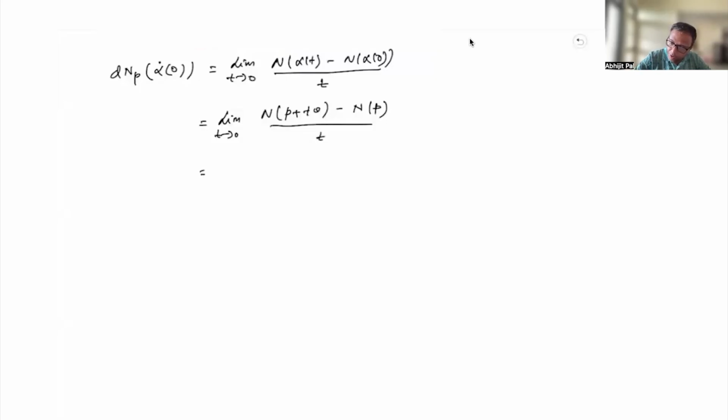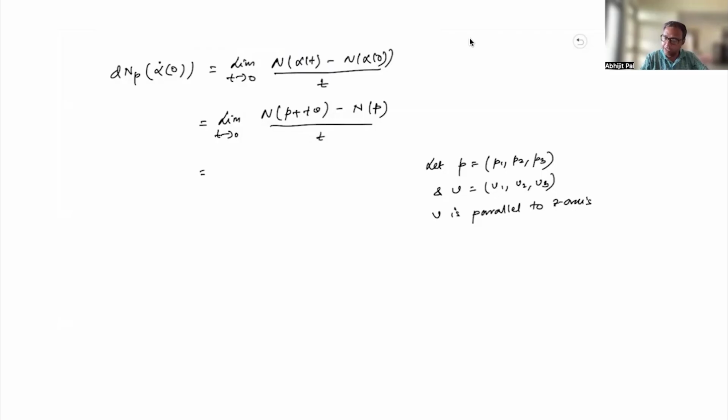Now let us take P equal to P1, P2, P3 and B equal to B1, B2, B3. This B is parallel to the z axis, so that implies B1 and B2 are in fact equal to 0.